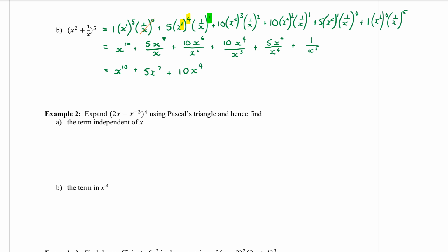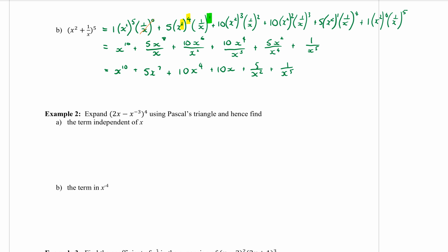In the next term, I can cancel 3 off the bottom, so that will make 10x for the top. In the second last term, I've actually got more x's on the bottom, so I want to cancel the 2 off the top, which will give me 5 over x squared. And the last one, there is nothing to cancel. So there it is, all expanded out.